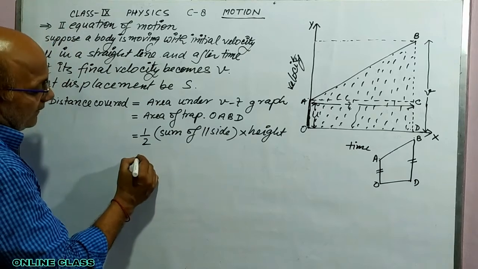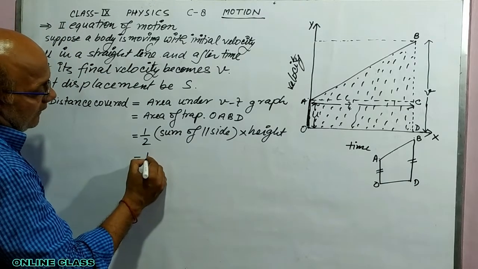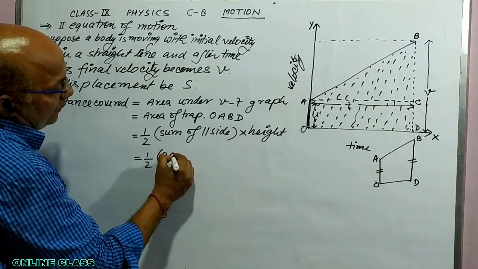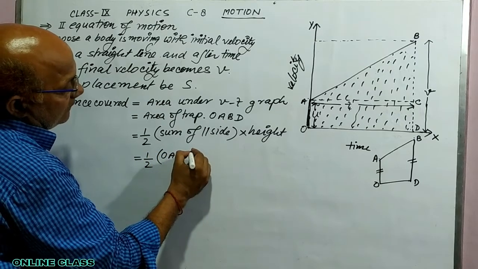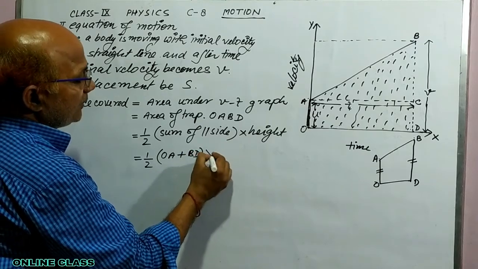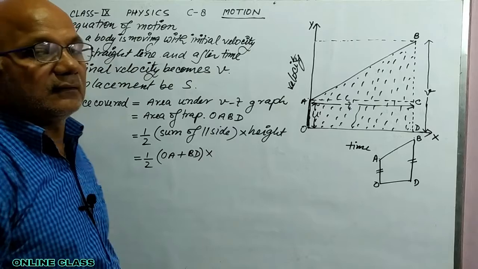So we can write here half into OA plus BD into height.